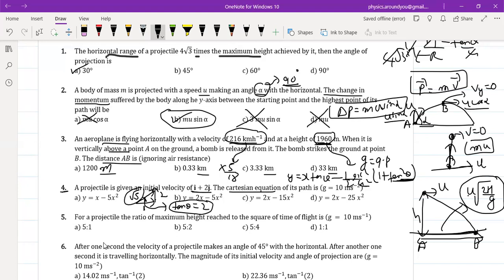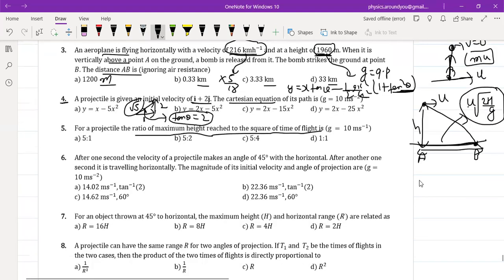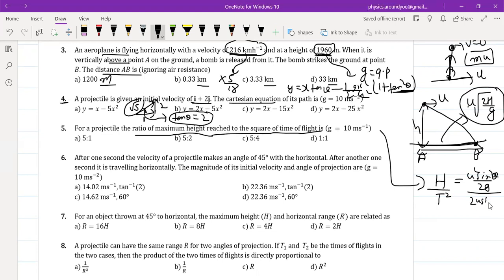Now question number 5. For the projectile, the ratio of the maximum height reached to the square of time of flight is... if you are comfortable with formulae, here it is. They're asking h by t squared. h is given by u square sine square theta upon 2g, whereas t is given by 2u sine theta by g, the whole square.